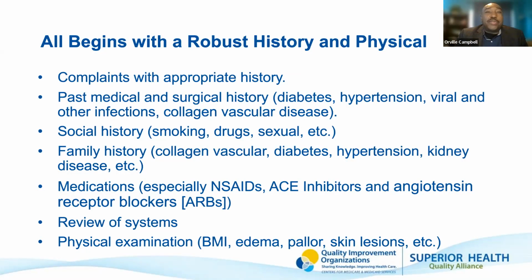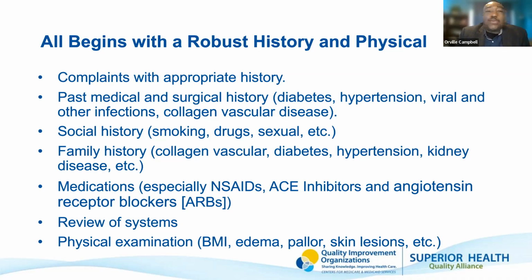Complaints, with the appropriate history, past medical and surgical history, especially those areas such as diabetes, hypertension, even acute kidney injury, as well as collagen vascular disease, such as lupus. Social history, self-evident, such as both illicit and illegal drugs.